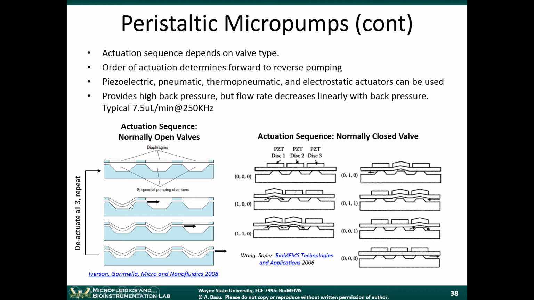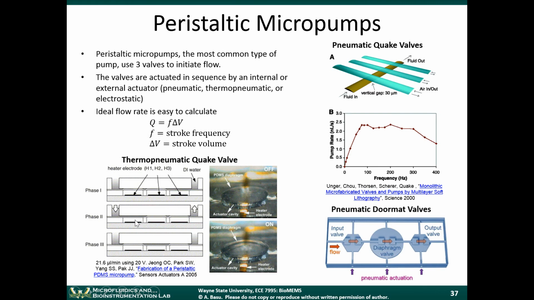As the 3 membranes are deflected, you can cause a pumping motion. I'll get back to that in a second. The valves are actuated in a sequence by an internal or an external actuator, and that actuator could be pneumatic, thermopneumatic, or electrostatic. We've already seen examples of how you can displace the diaphragm and cause it to deflect in a certain direction.